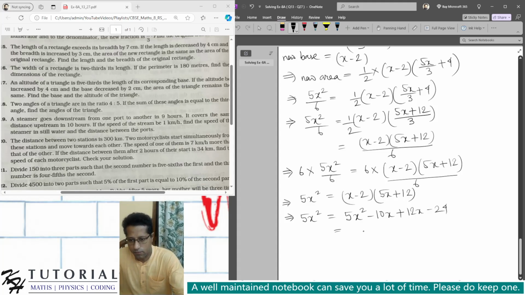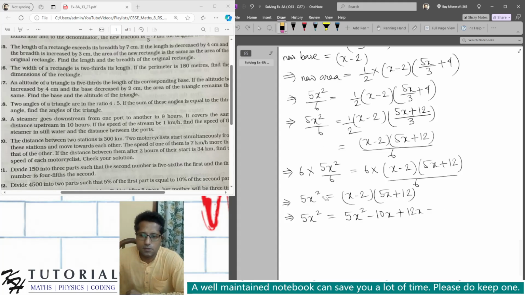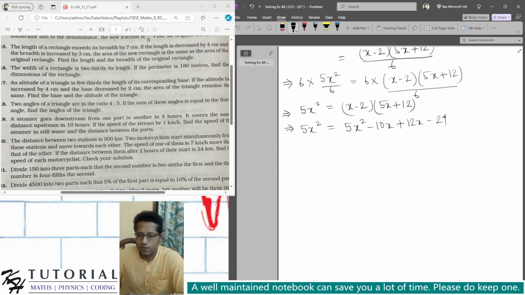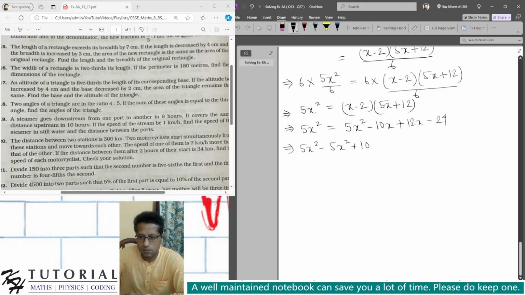Now I will bring all the variable terms to the left hand side, and keep the constant terms on the right hand side, and I get 5x square minus 5x square plus 10x minus 12x is equal to minus 24.